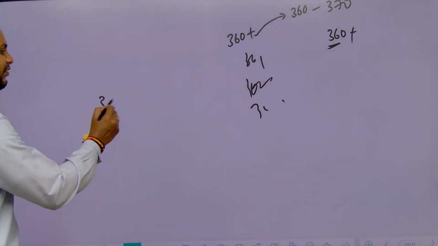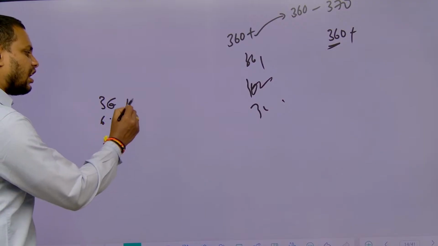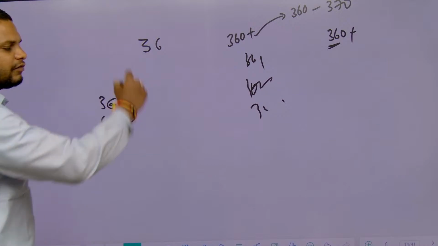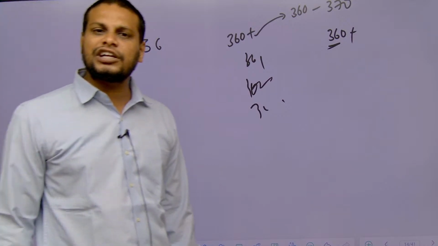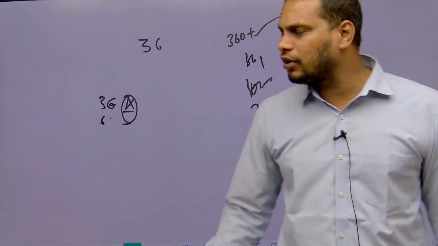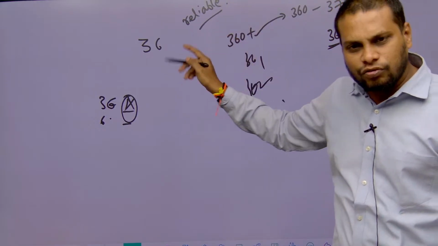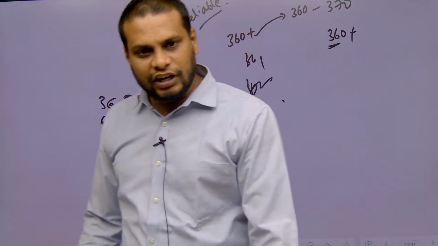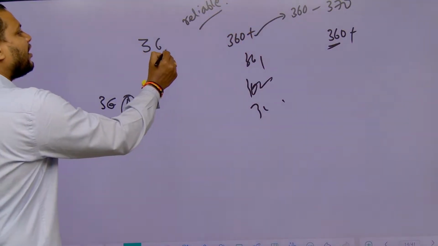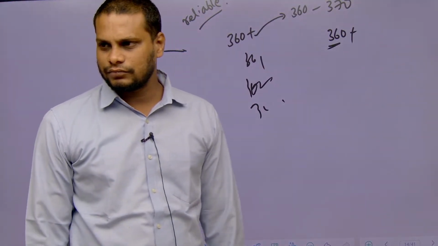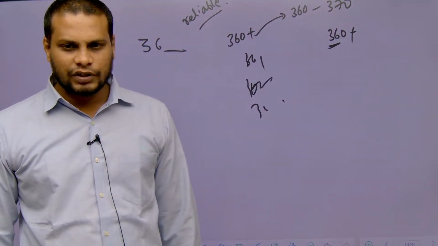It can be 361 or 362. There is an ambiguity in the last digit, but 36 are confirmed, fixed. These 2 numbers are trustworthy, or reliable. Are you clear? But the last digit is there, right? That cannot be believed. Did you get it? Are you clear up to here?